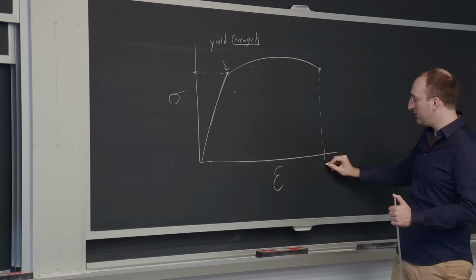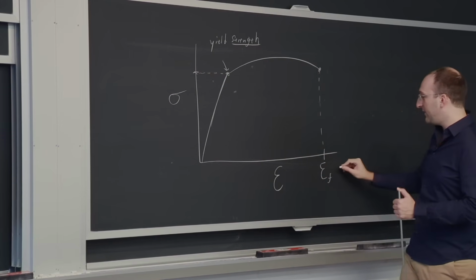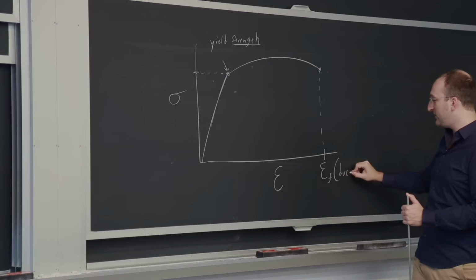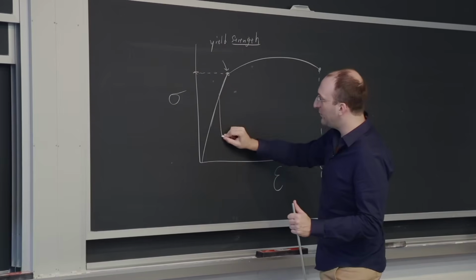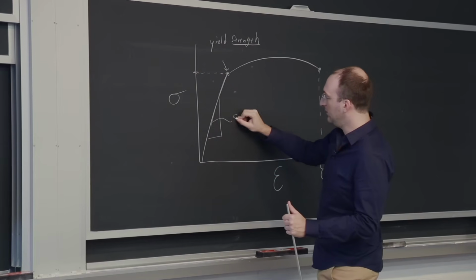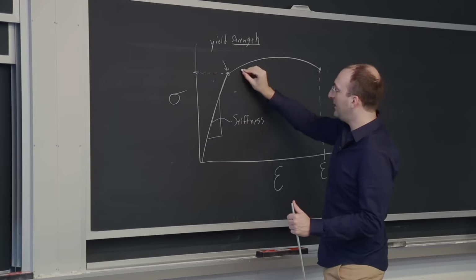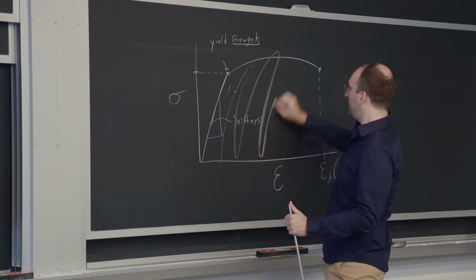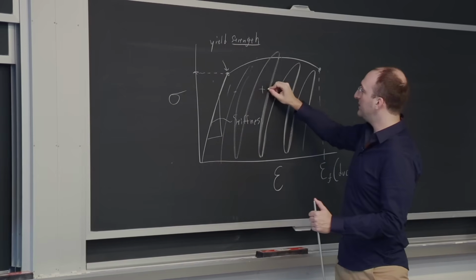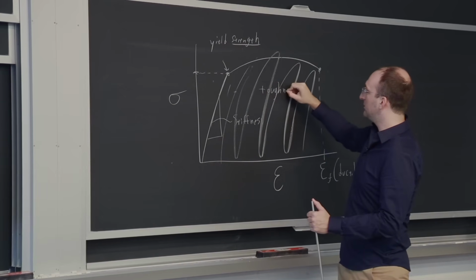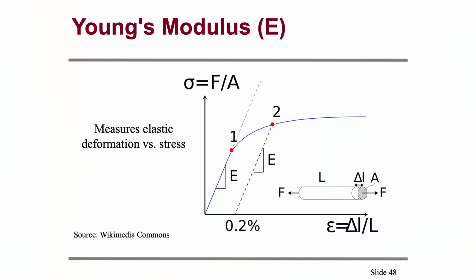This point right here, our strain to failure, we can use as a measure of ductility. This slope right here refers to the stiffness. And finally, this energy right here is something like the toughness. And the hardness isn't quite on this plot.